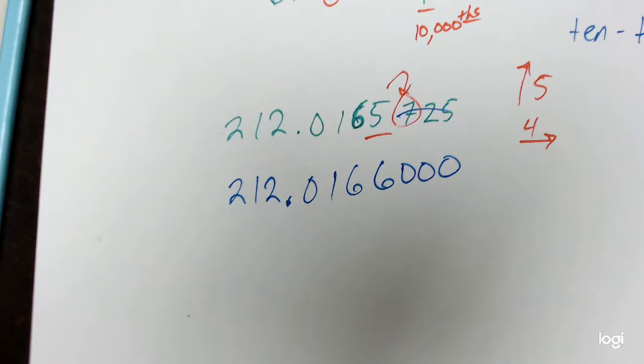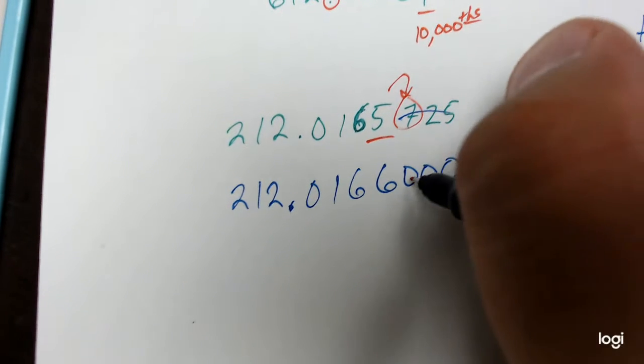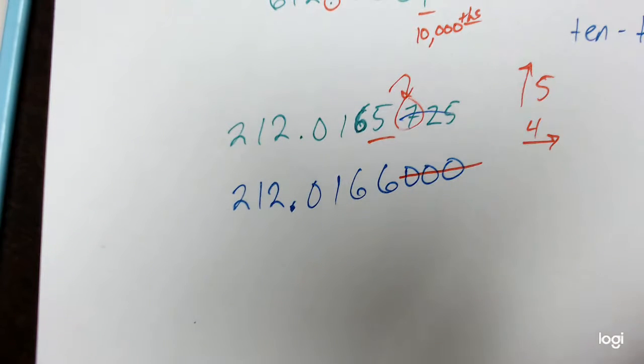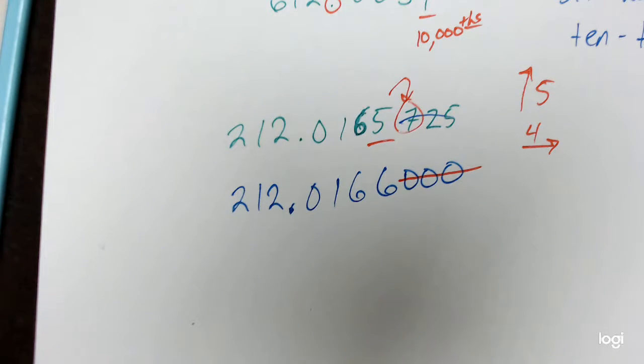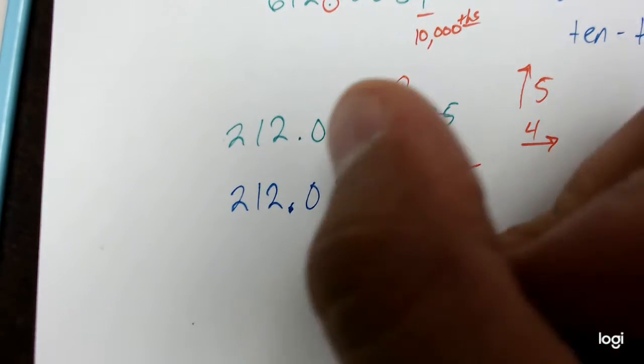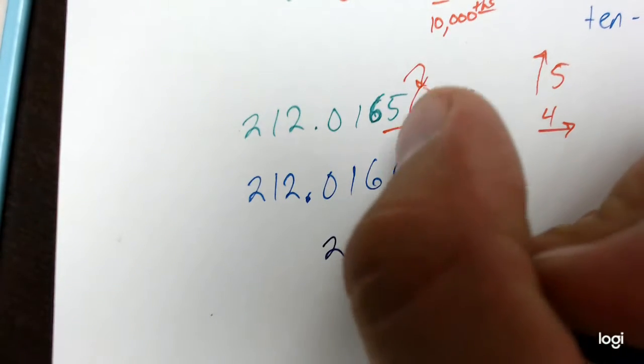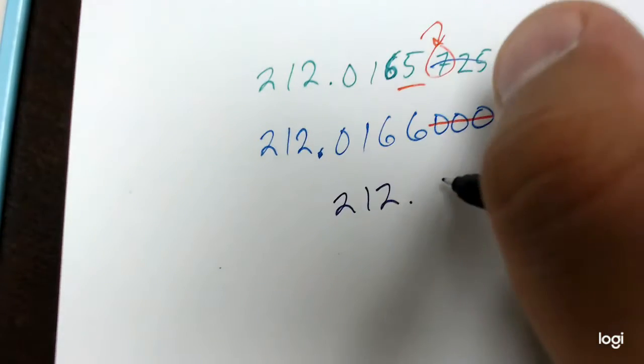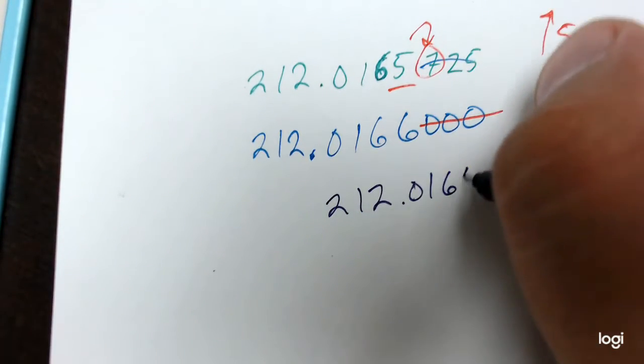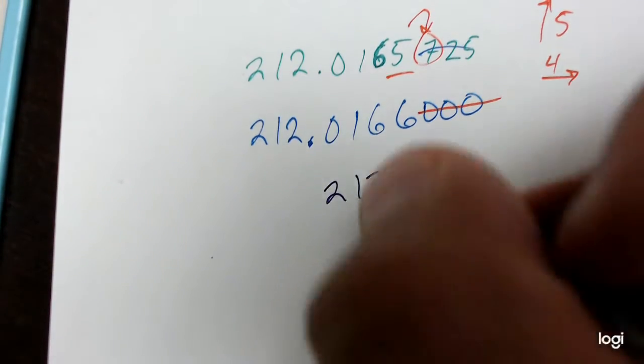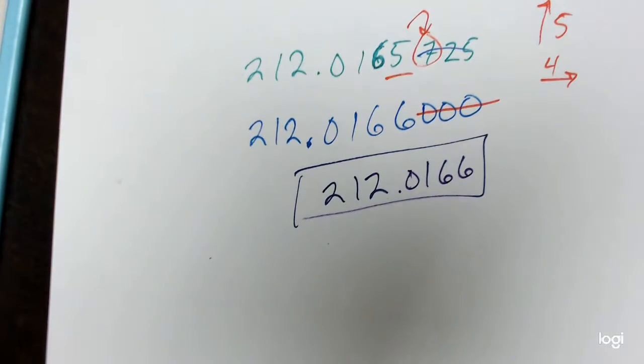So when you're rounding decimal numbers, the last step is to completely remove those zeros and write your final answer without them. So the final answer would be 212 and 166 ten thousandths. And then we're done. So that's for rounding decimal numbers, and we've already done that.